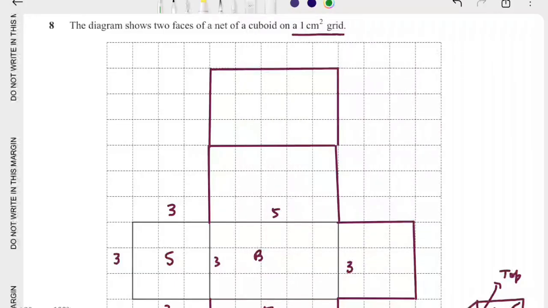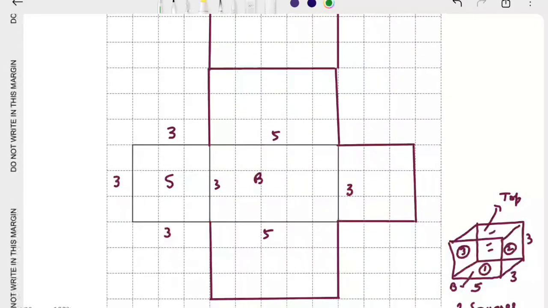So let us see once again. This is the bottom one, left side square.